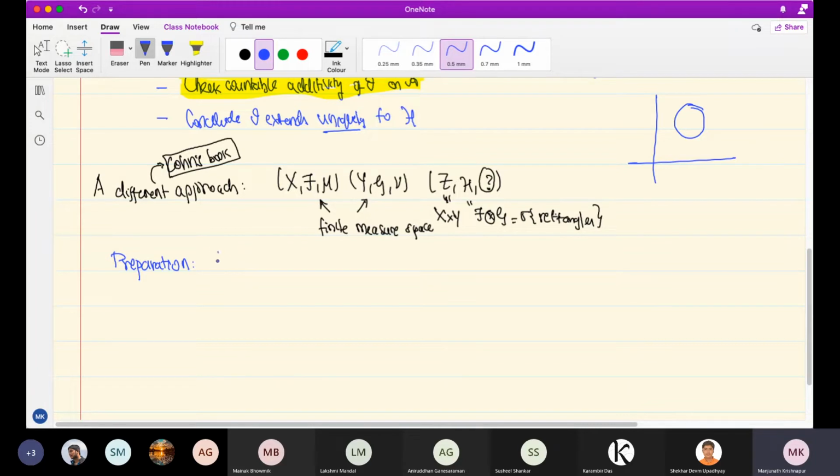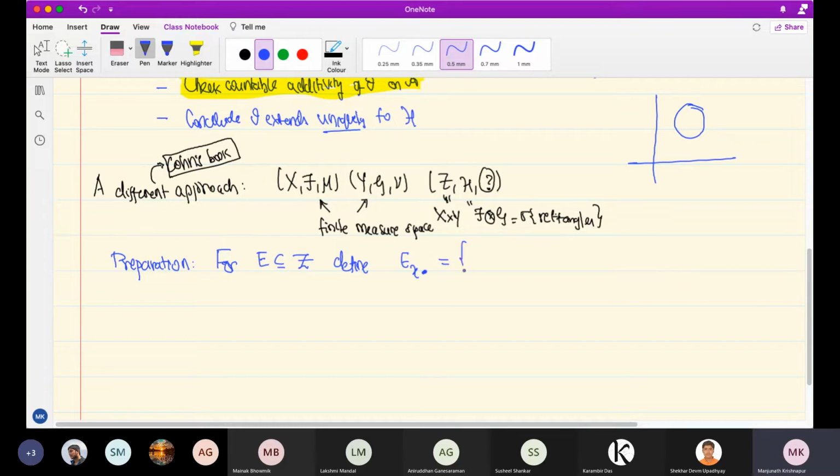So for E, a set contained in the product space Z, the Cartesian product, define two sets. I call it E_x dot. Some people put x below. Let's just do it like this.